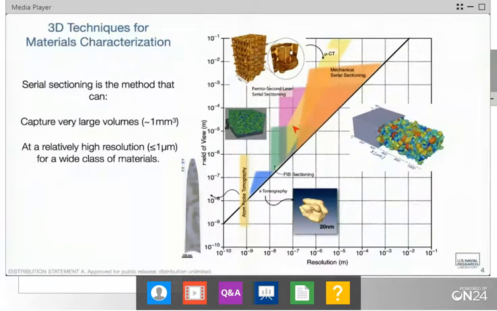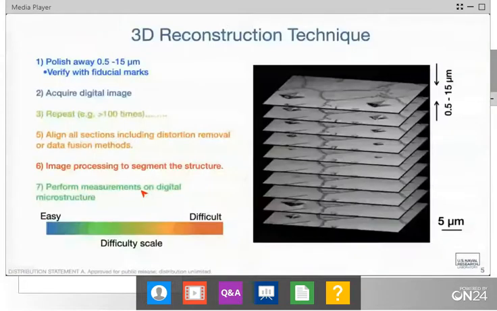Now, the procedure for mechanical serial sectioning is not complicated. This is something that's pretty easy to grasp. What we're doing is simply, usually in our case, polishing. So we're using standard polishing techniques to remove anywhere from about a half micron up to tens of microns of material. For the most part, you're looking at the smaller range, at about 1 micron of removal.